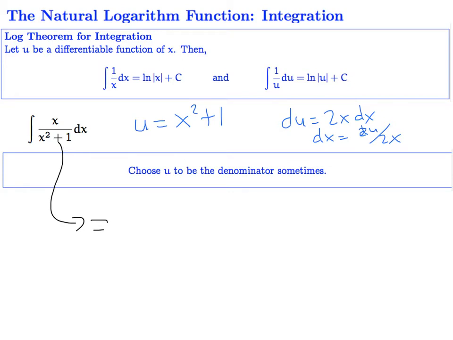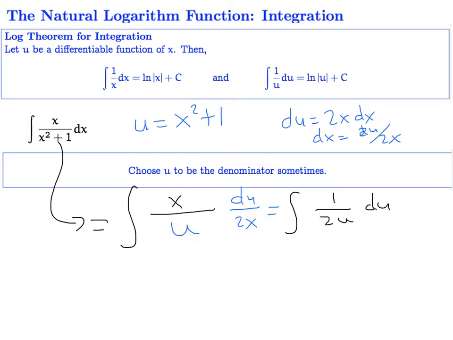So this will be equal to still the integral. For now we'll keep the x, we'll replace the x squared plus 1 with u, and we'll replace the dx with du over 2x. So what this integral now becomes, when we simplify things down, is the integral of just 1 over 2u du, which is 1/2 the integral of 1 over u du.